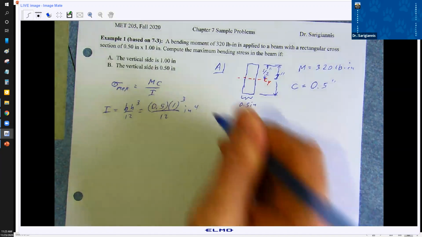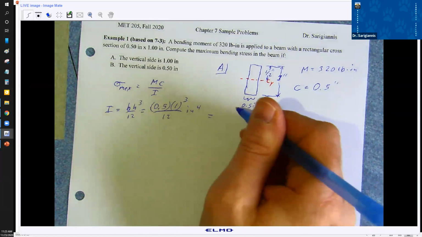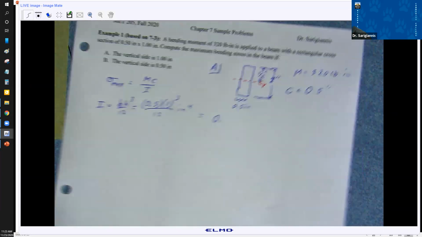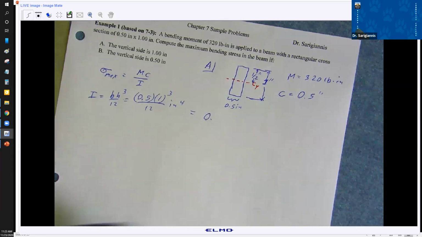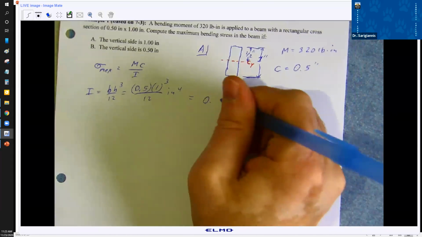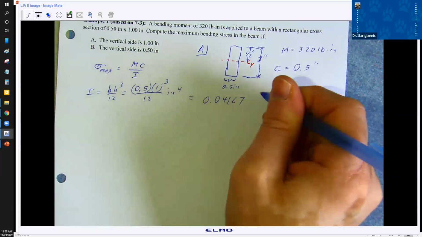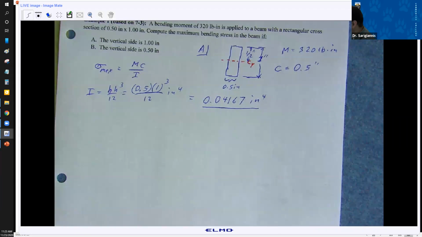All the units on this are inches to the 4th, right? Here we wind up with an I of, I better recalculate this because I made some changes. Oh yeah, sorry. 0.04167 inches to the 4th. This is our I value.